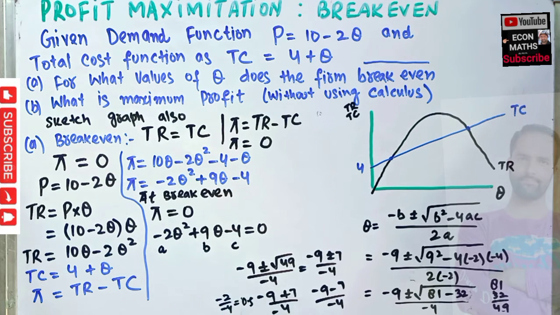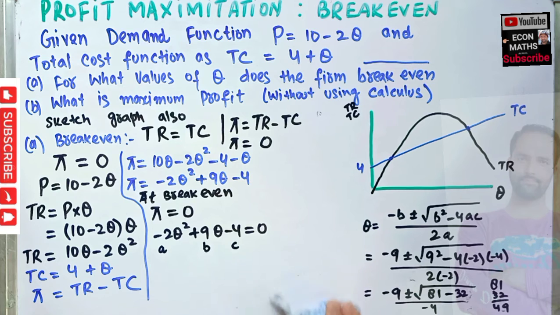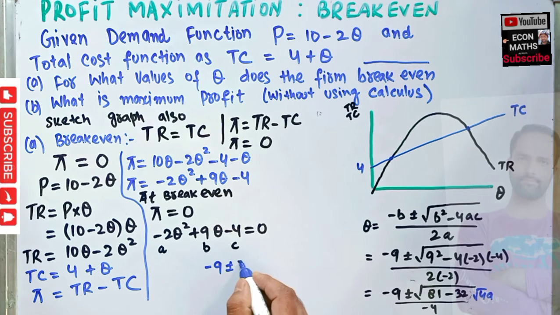If you are getting confused, let me write it properly here. Okay, so q is equal to this. That means we have minus 9 plus minus under root 49, this value, so this is 7 upon minus 4.